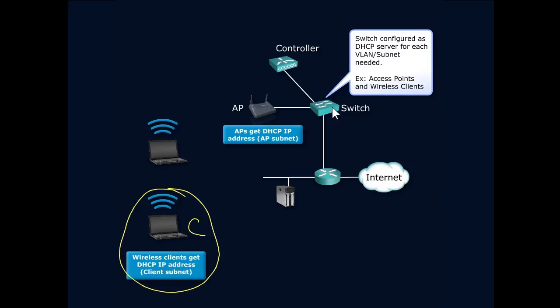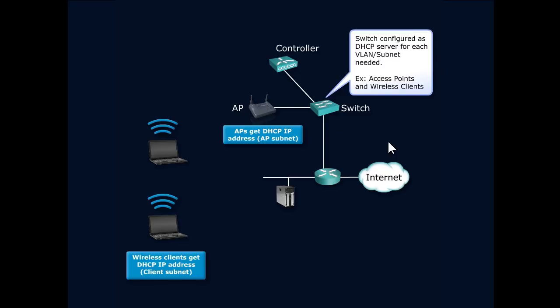So for all the virtual interfaces in the switch, we create an 11 interface, we create a 14 interface, and we create a pool that is local to each of those interfaces. Therefore, when it hears a broadcast that matches that VLAN, I will be able to assign it an appropriate IP address from that scope.